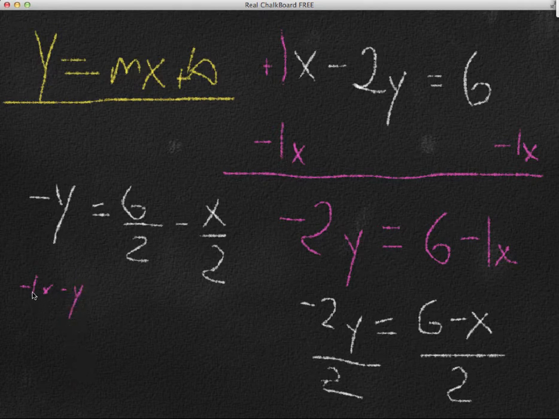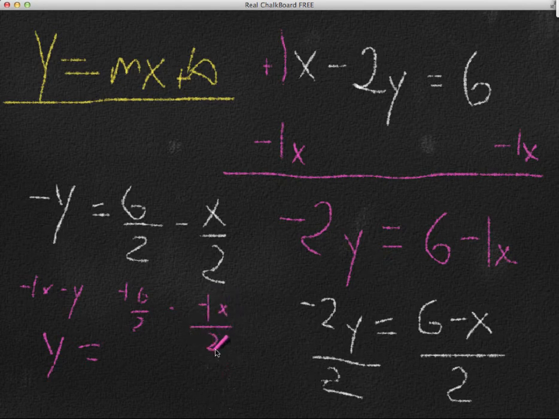So it's just negative 1. A negative and a negative gives me a positive. Remember that? So that just gives me y. y equals, I have to do the same thing to this side. Negative 1 times 6 over 2 minus negative 1 times x over 2, right?